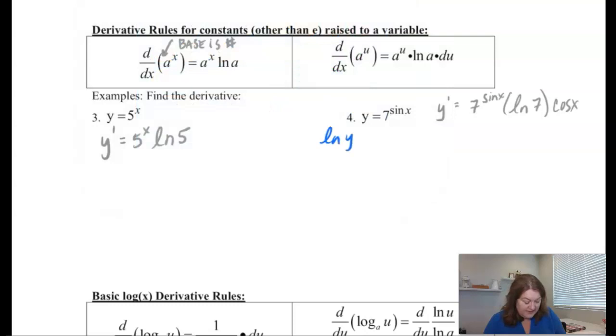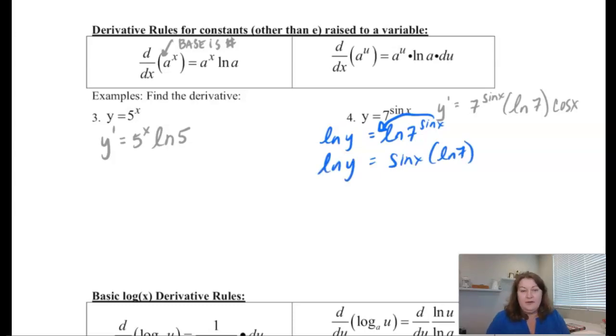So I'd have ln of y equals ln of 7 raised to the sine of x. Sine of x would go to the front, so I'd get sine of x times ln of 7. Try to remember that ln of 7 is just a number. So when I take the derivative of this side, it's still just going to have the number in front, but now it's going to be times cosine.